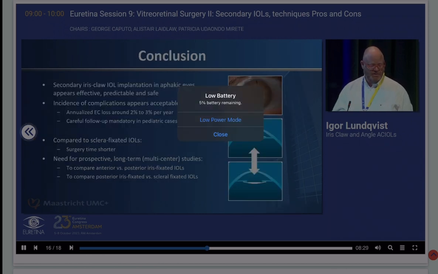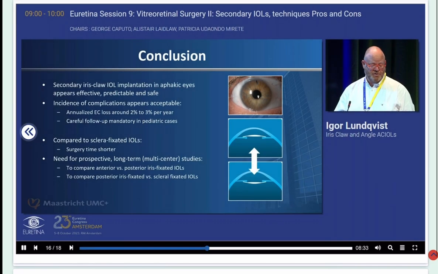In conclusion, secondary IOL iris claw lens implantation in aphakic eyes appears effective, predictable, and very safe. There is an anterior endothelial cell loss of around 2 to 3% over a year, and especially with children, this is something which needs to be taken care of.